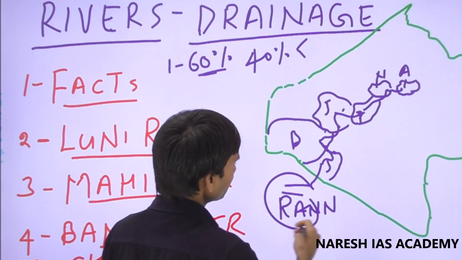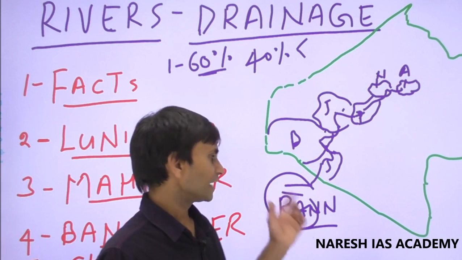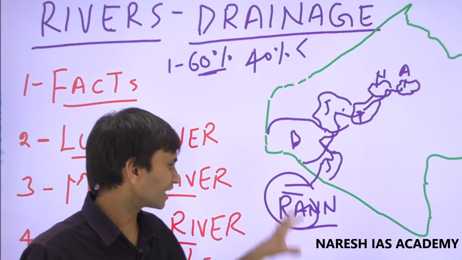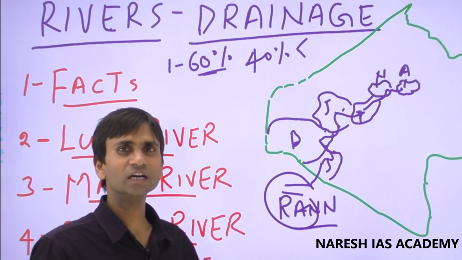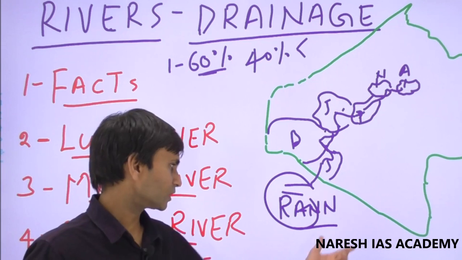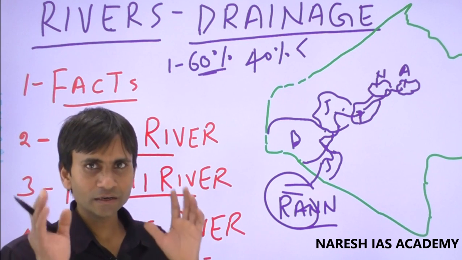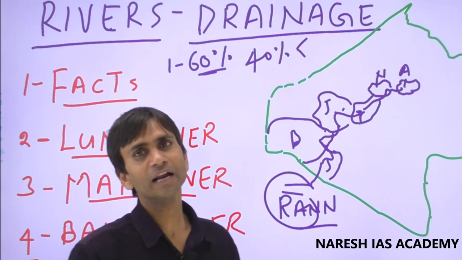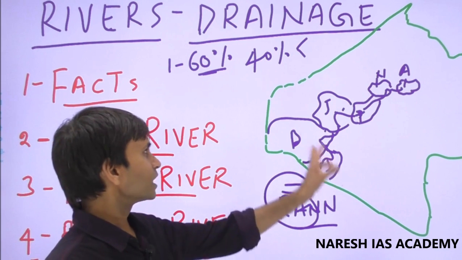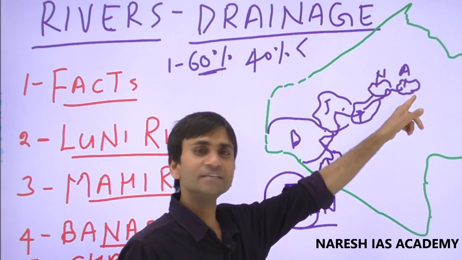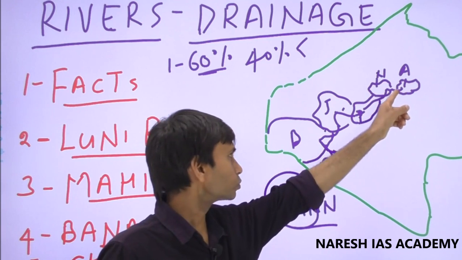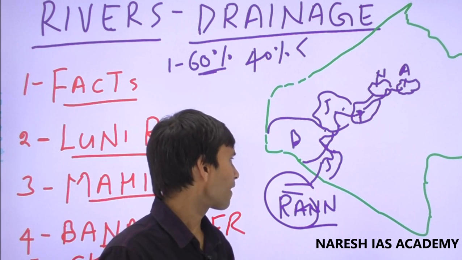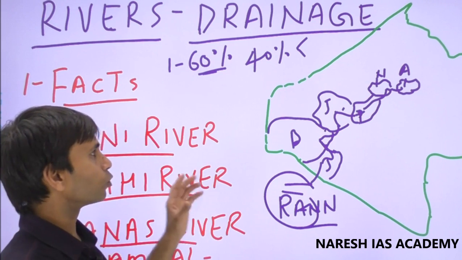The Luni river ends or empties into the Run of Kutch, and finally its water through different tributaries is brought into the Arabian Sea. But the Luni river does not directly connect with the Arabian Sea. The Luni river originates from the Ajmer district and flows through different districts. This is the flowing path, ending in the Run of Kutch in the Gujarat state.